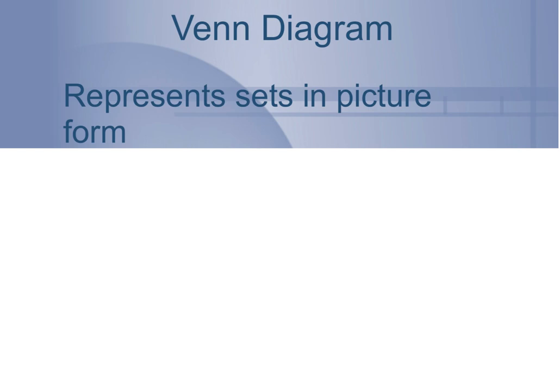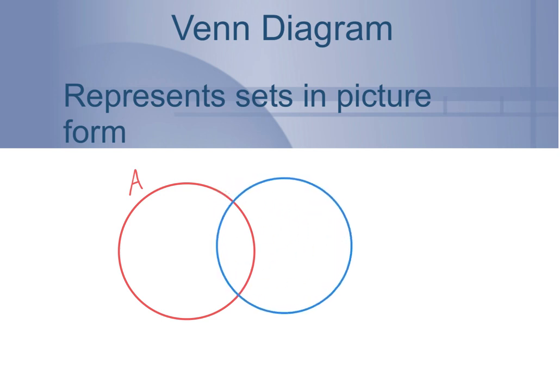So if I were to draw a Venn diagram here, I would draw one circle that would represent my A set, just like I had from the previous page. And then I would draw one circle that would represent maybe my B set. All right, and that would be here. So when you have a Venn diagram, you want to label it.